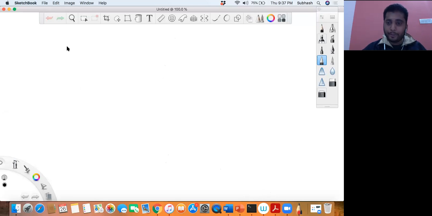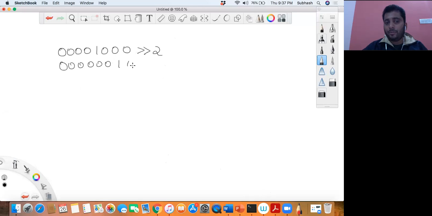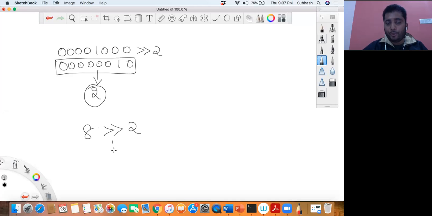How do you represent 8 in binary? 1000. Correct, no? Okay, if I right shift this by 2, what will be the value? At the end the 10 is removed and zeros are filled in. 0 0 0 0 0 0 1 0. So what is this value? 2. So if you take 8 and right shift by 2, the result is 2, correct? Yeah, that's what I'm getting.